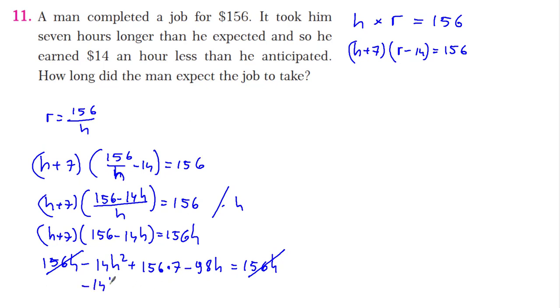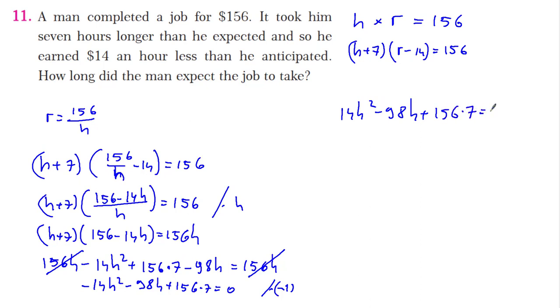You get negative 14h squared minus 98h plus 156 times 7 is equal to 0. We can multiply by negative 1 and try to divide. All right, first let's multiply by negative 1. You get 14h squared plus 98h minus 156 times 7 is 0.